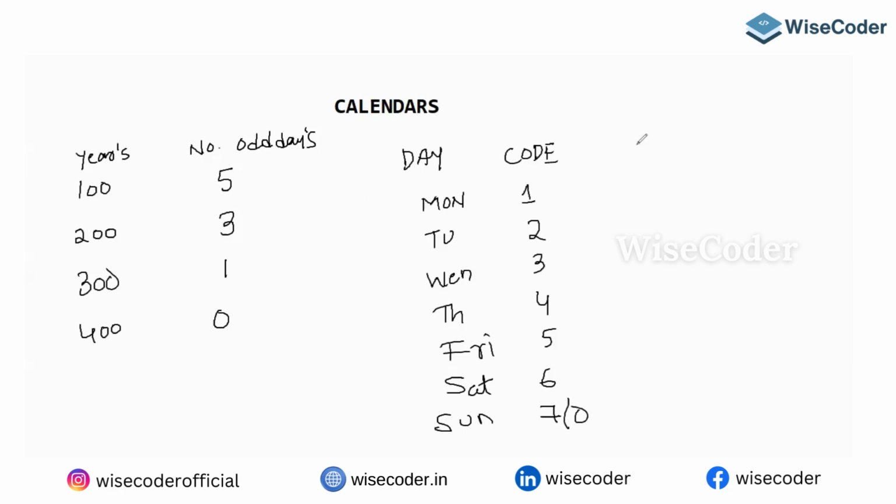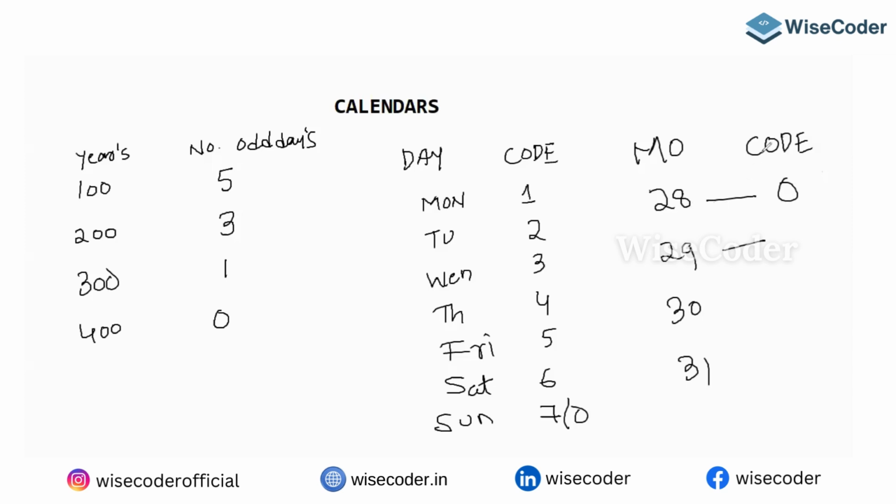Whichever month you take, you will encounter only these types of days: 28 days, 29 days, 30 days or 31 days. Let's say 28 days. When you divide 28 by 7, you will get 0. So whenever there are 28 days, there will be 0 odd days.